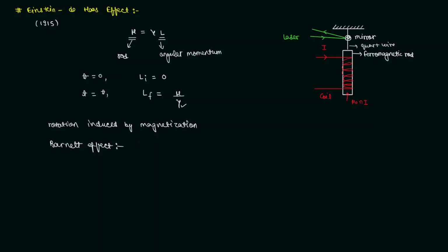So there you rotate this rod, and you will see that it gets magnetized. Both these phenomena, the Einstein-de Haas effect and Barnett's effect, demonstrate that magnetic moments are associated with angular momentum L. Now let's see how, using this effect, you can calculate the Landé g factor.